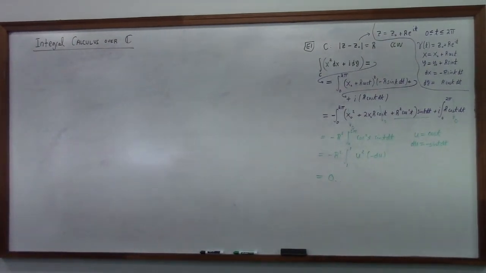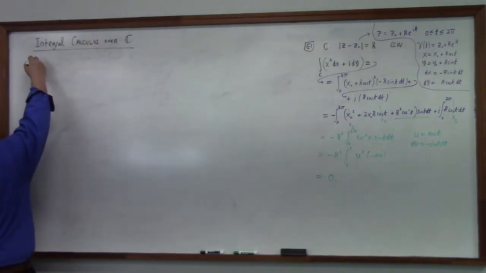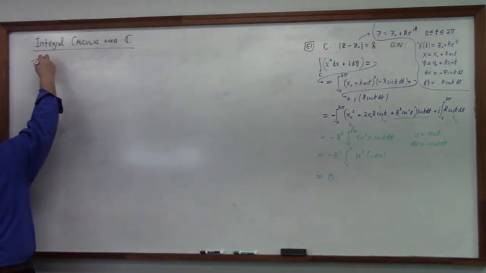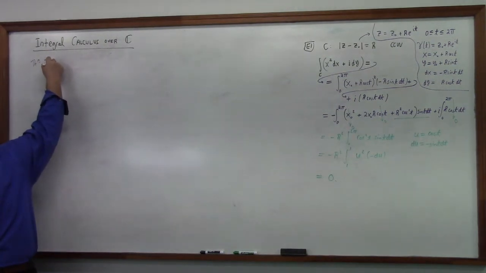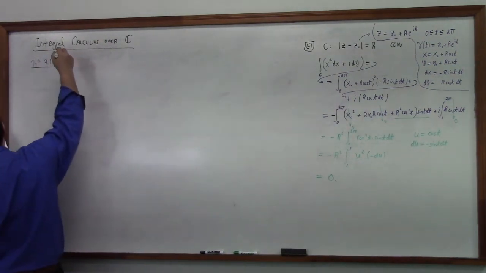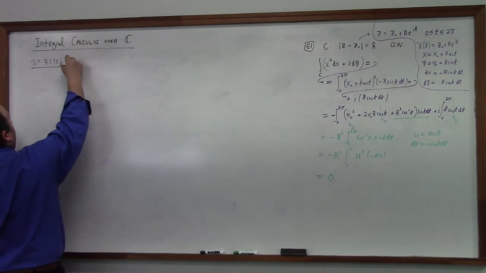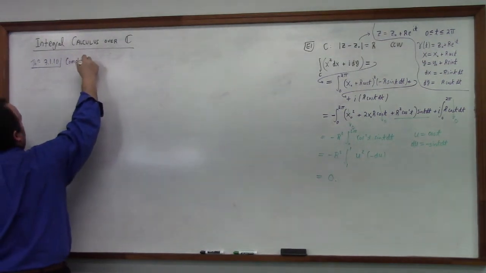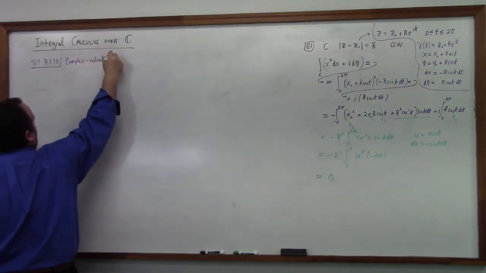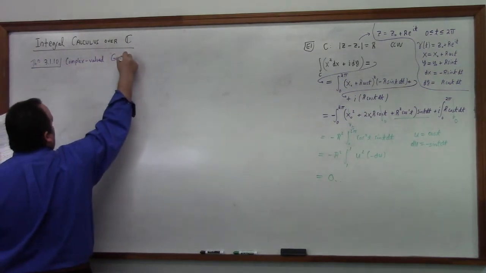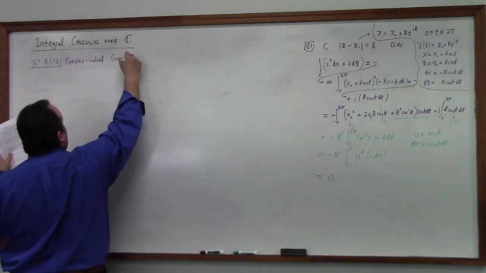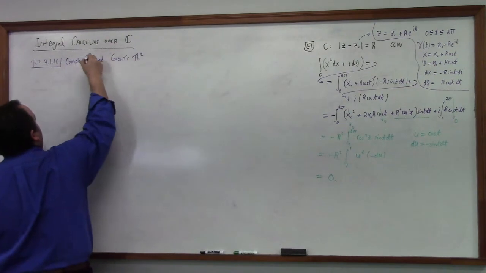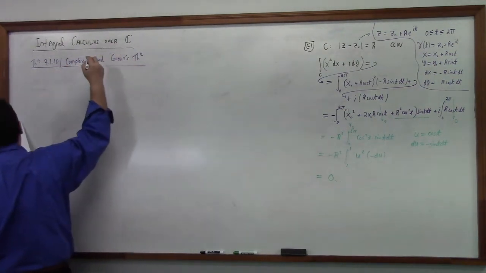I think that will help you more. So this is your theorem, 3.1.10, the complex valued Green's theorem. We'll review the regular Green's theorem and the proof of this, okay?